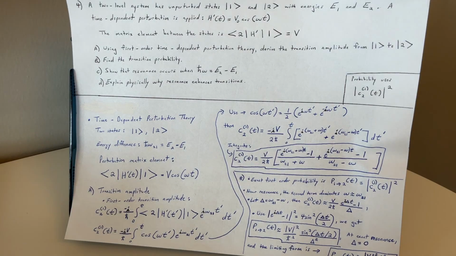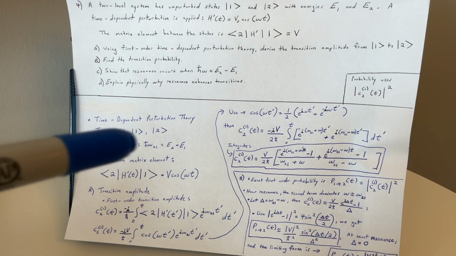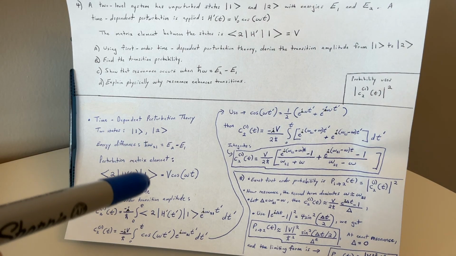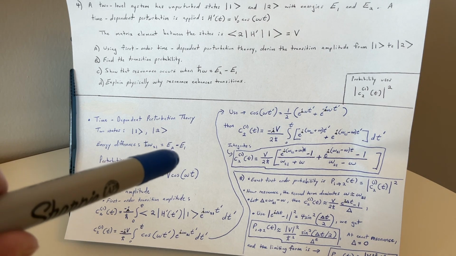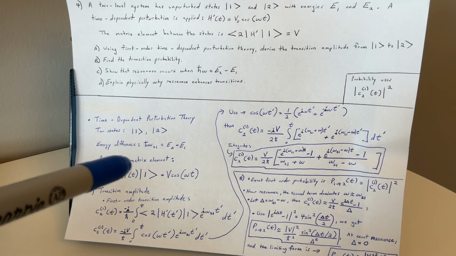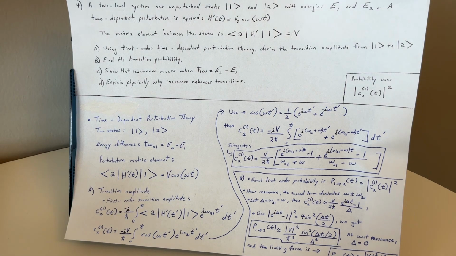So here's what we can do for part A. Time-dependent perturbation theory, we have two states, Ket 1 and Ket 2. The energy difference in this situation is given as E sub 2 minus E sub 1. And here's our perturbation matrix element, V cosine of omega t.